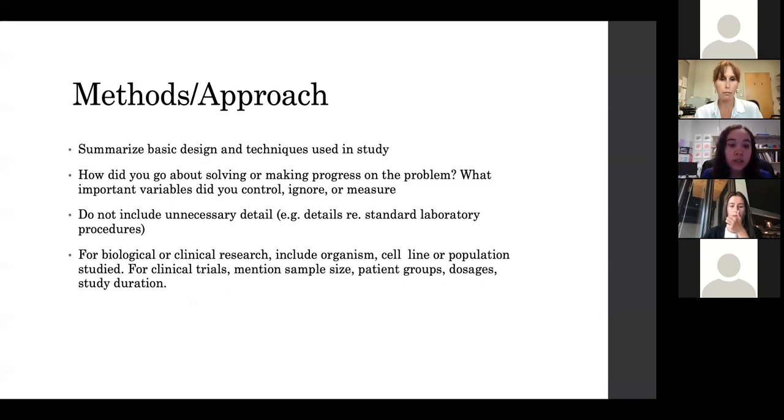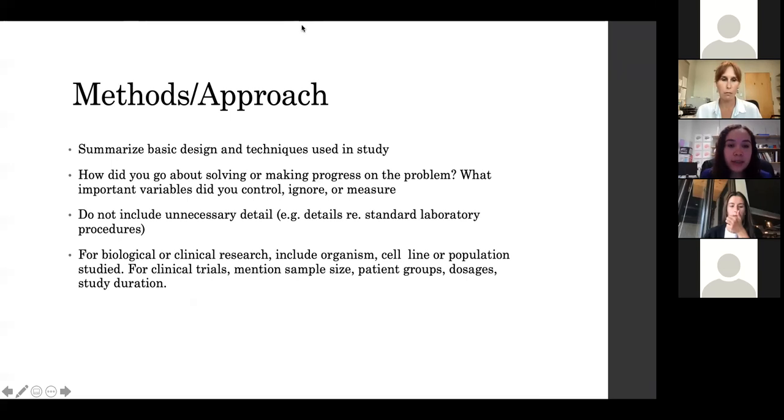The methodology usually summarizes the basic design and the techniques that were used in your study. So here you want to give enough information so the reader can understand the key methods and the key approaches that were used in your study.